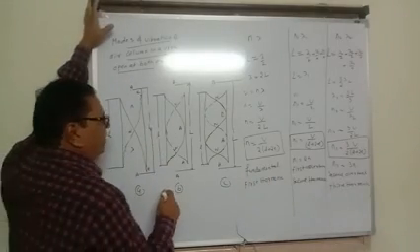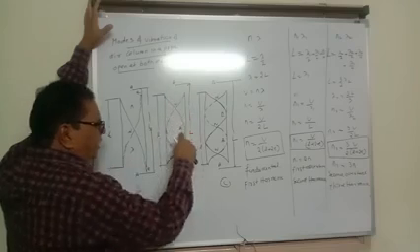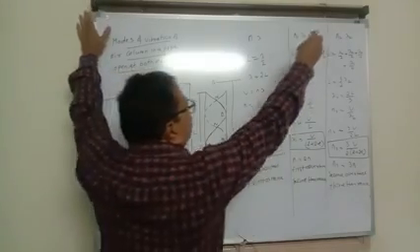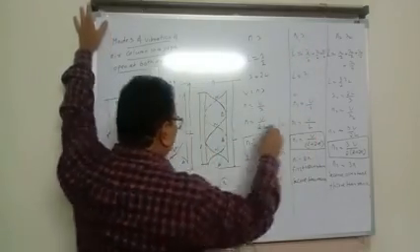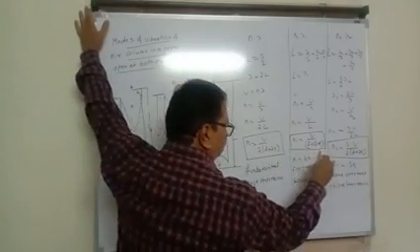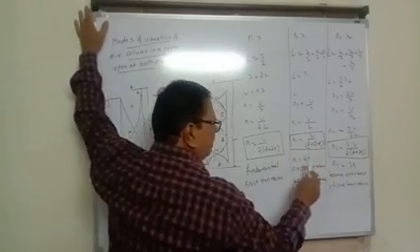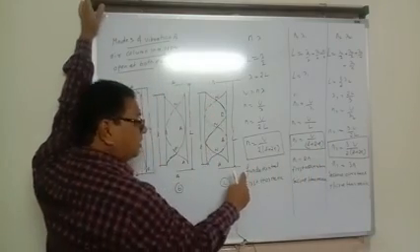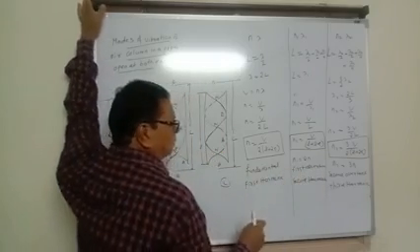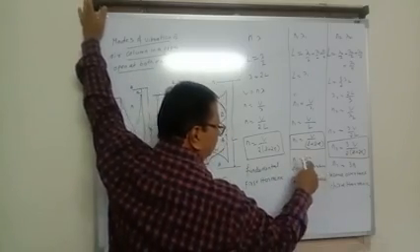In the second mode of vibration, 3 antinodes and 2 nodes are formed. If we derive the expression for frequency, we arrive at N1 is equal to V upon (L plus 2E), or N1 is equal to 2N, which is higher than the fundamental frequency. It is called first overtone, or second harmonic, being multiplied by 2.